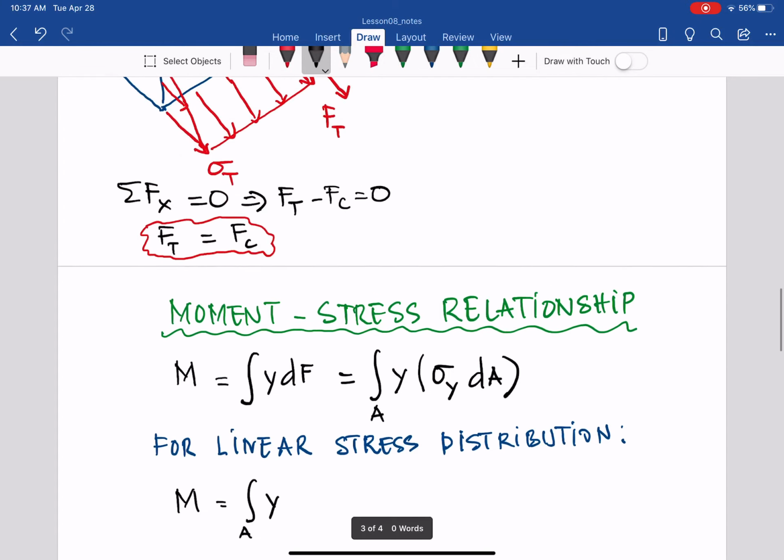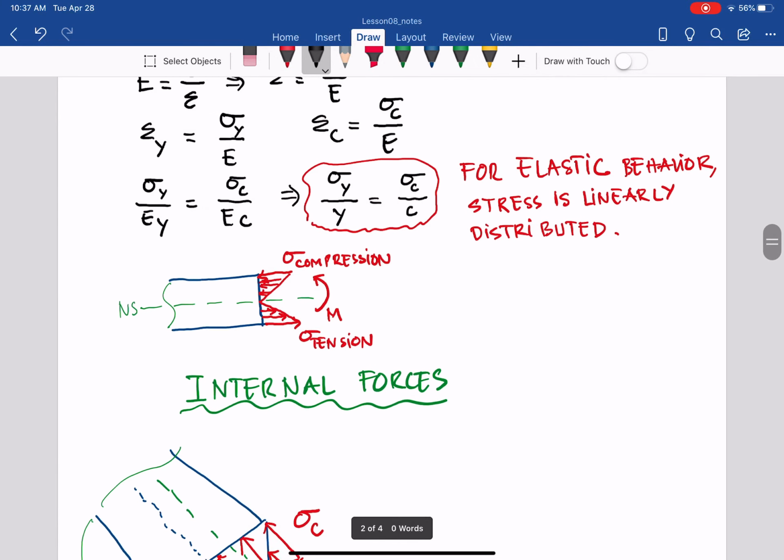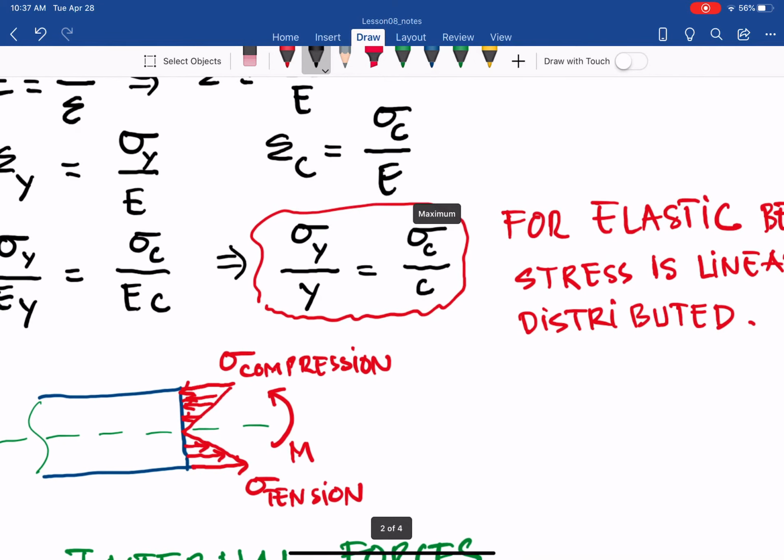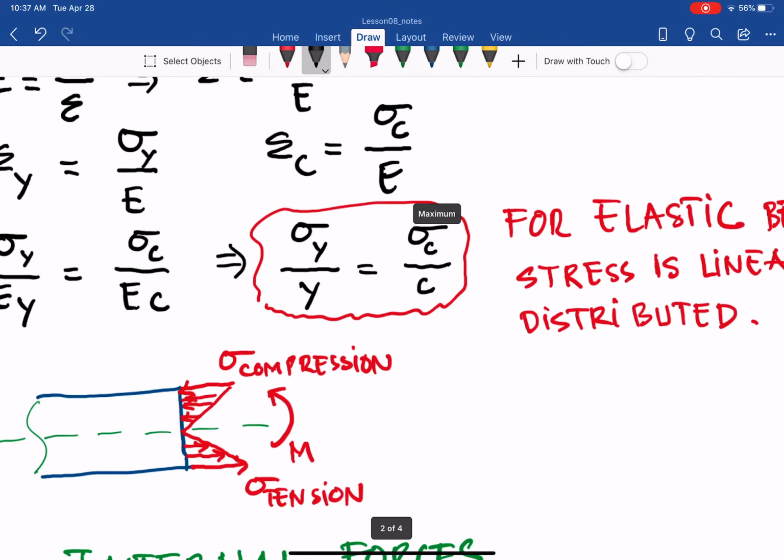What do I have? From that equation, sigma y over y equals sigma c over c. So if I plug in, I move y to the right, so I have sigma y equal to y sigma c over c. Everyone see that?